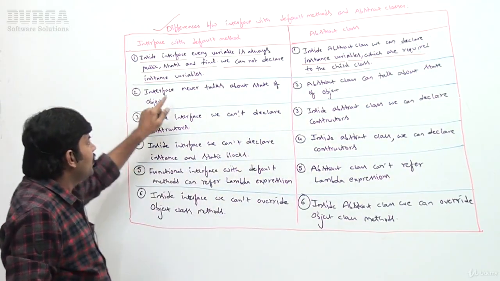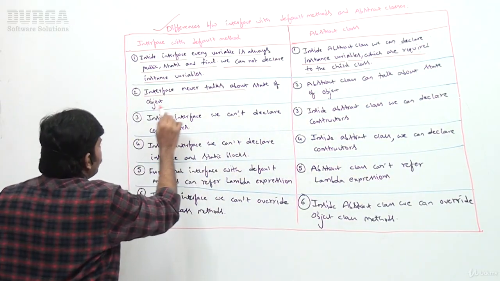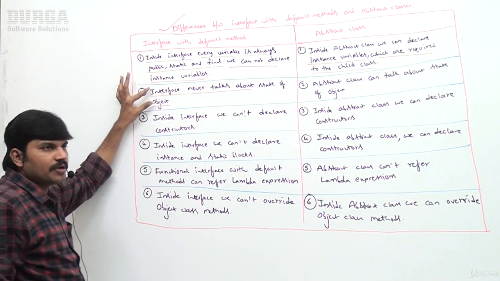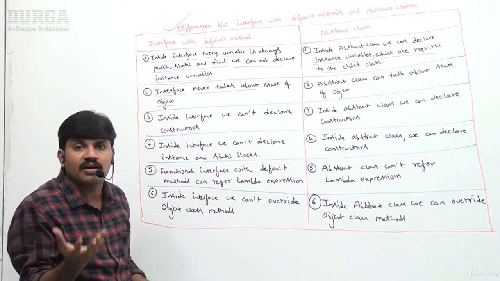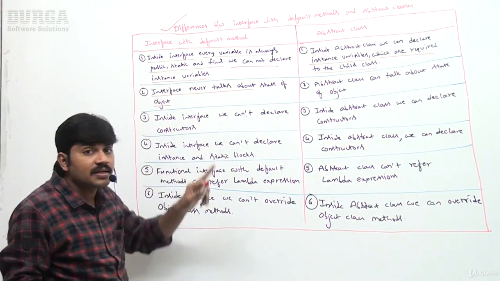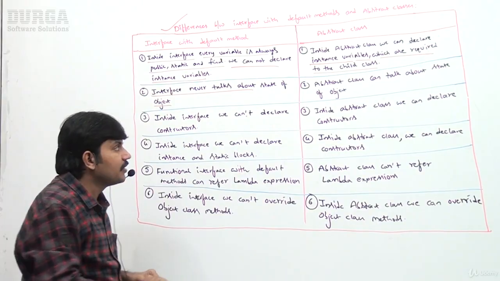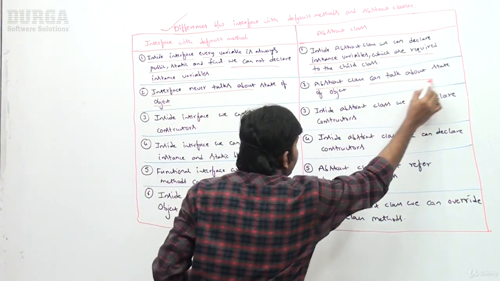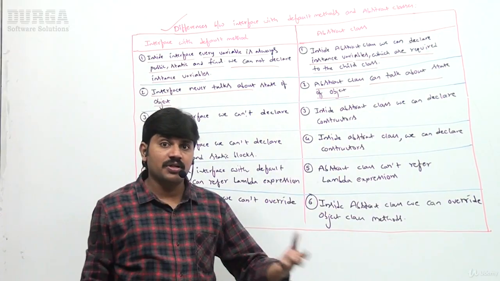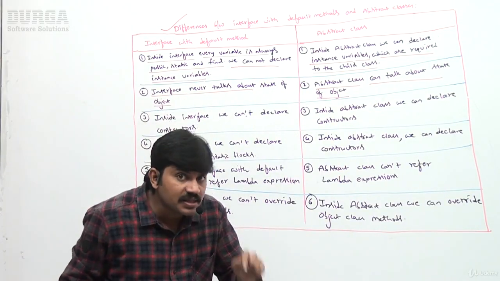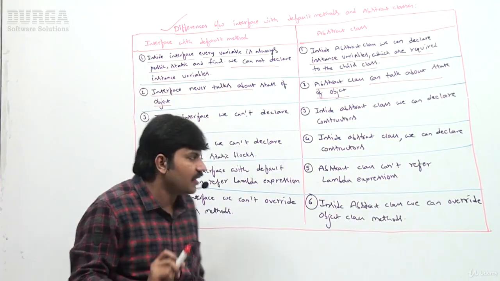Interface never talks about the state of an object, because it always talks about static variables only. It doesn't contain any instance variable. But an abstract class can talk about the state of an object, because it can contain instance variables, right?